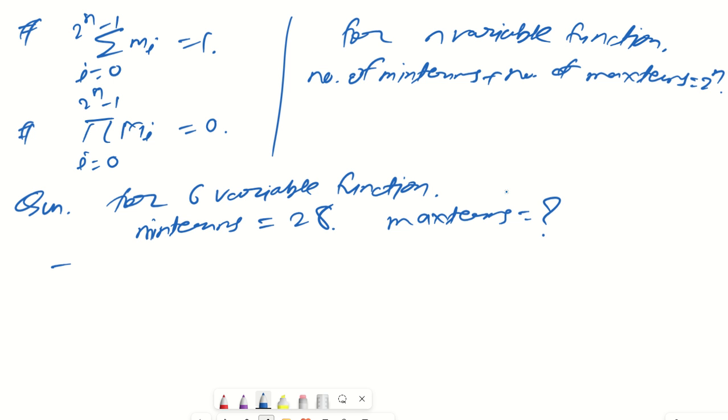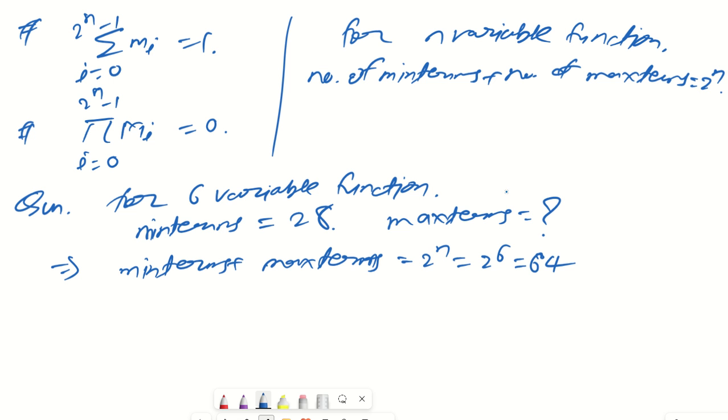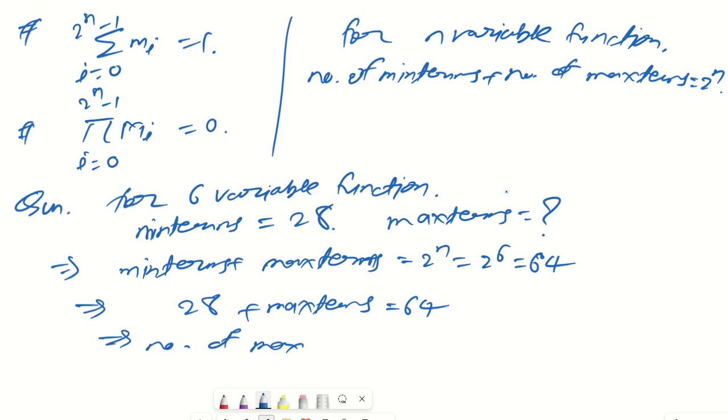So what will happen? You know already that min terms plus max terms must be how many? 2 to the power n, that is 2 to the power 6, that is 64. So it means 28 plus the max terms will be 64. So how many max terms remain? 64 minus 28, that is going to be 36.